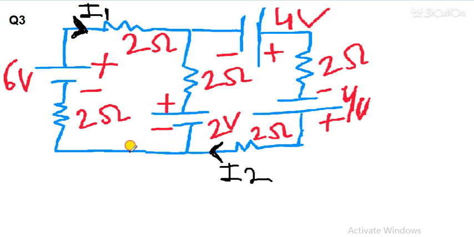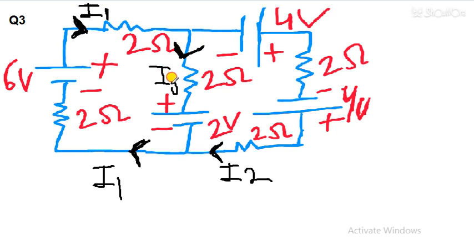Now students, that means I1 current is leaving here, because in a branch the same current will flow. I1 current will flow from here to here, here to here, and here to here. So now we are left with one branch. I assume that this is the direction of current I3. So I3 current will be flowing towards the down point.